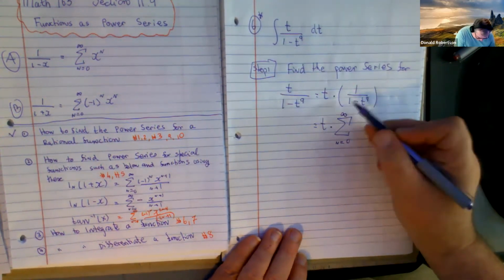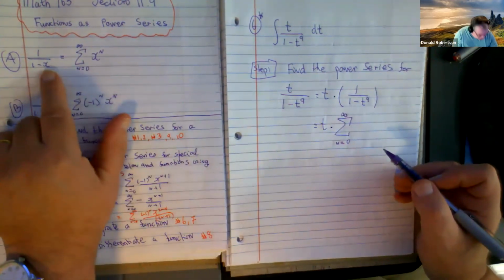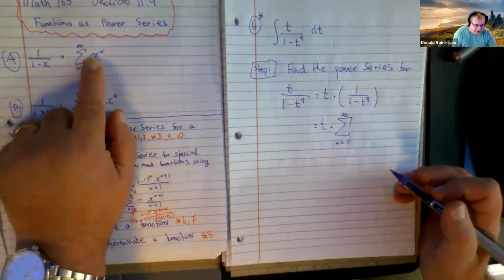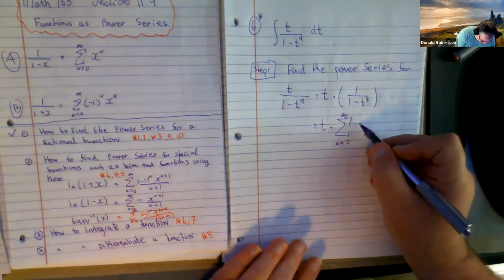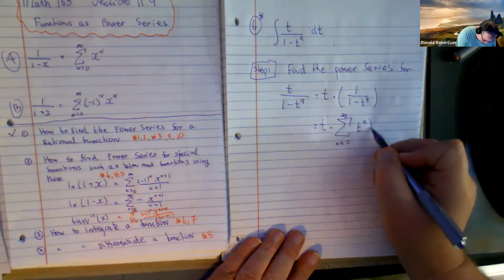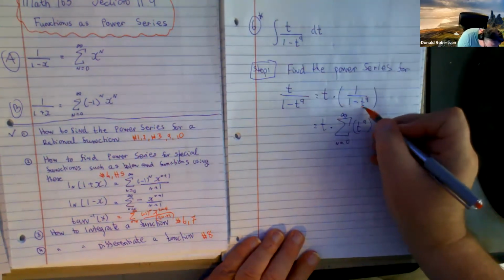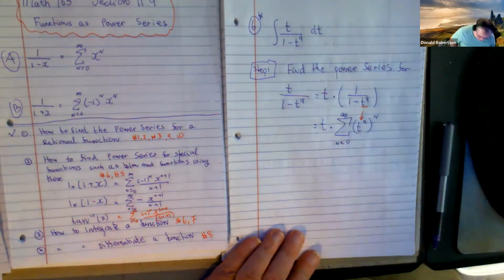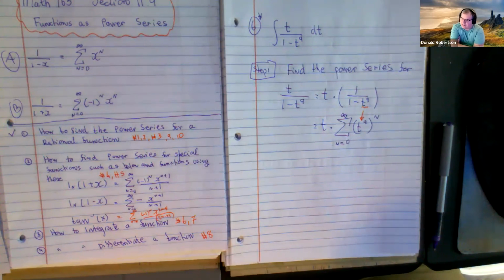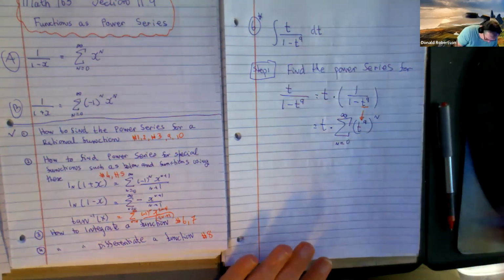And what about this guy here? Well, when it was in X, you put an X here. When it's T to the 9, you put a T to the 9 here. Are you comfortable about that guy there going inside? You've seen a few of those now. Now, make it look pretty.